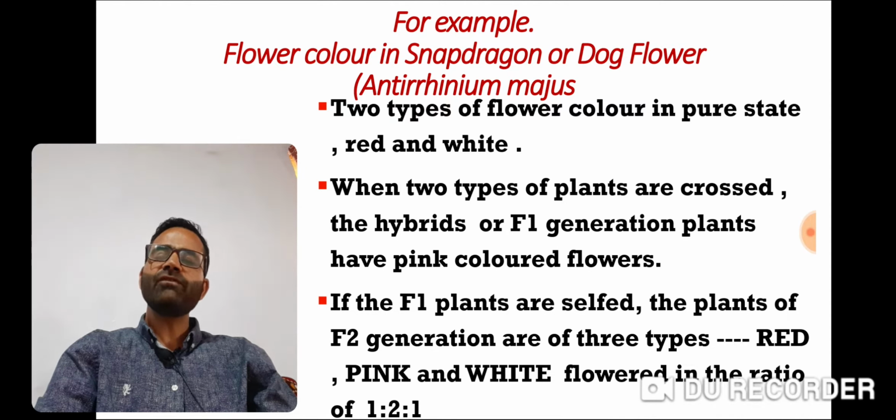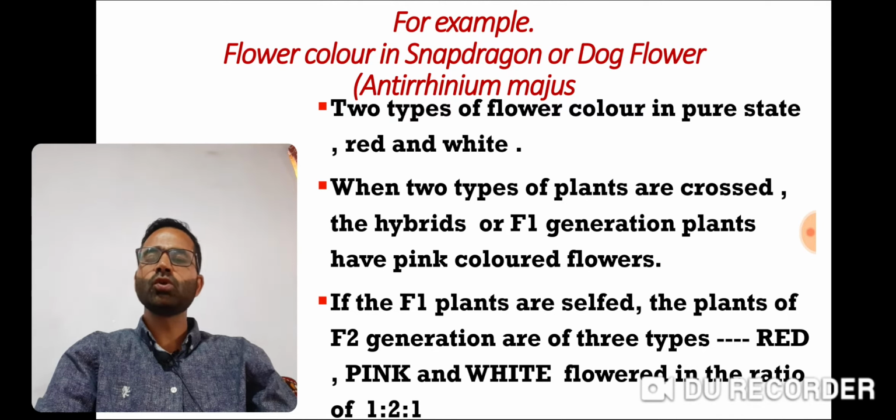And if these F1 generation plants are allowed to self-pollinate, the F2 generation plants are produced in the ratio of 1:2:1. That is 1 red, 2 pink, and 1 white.